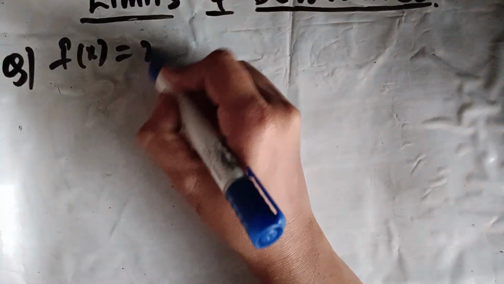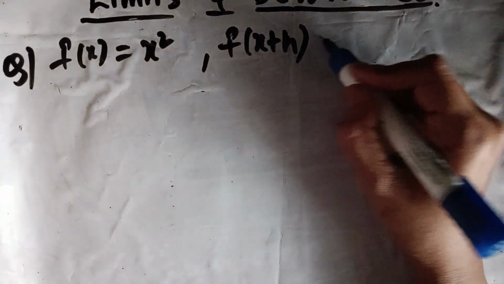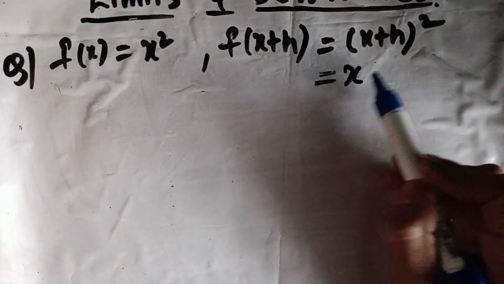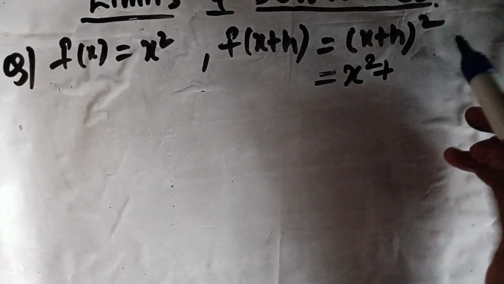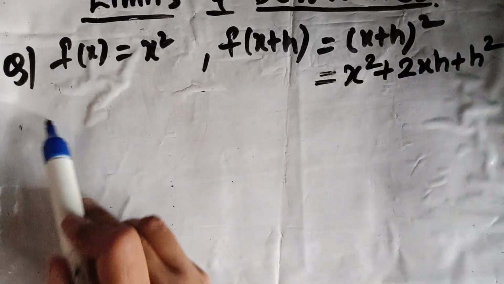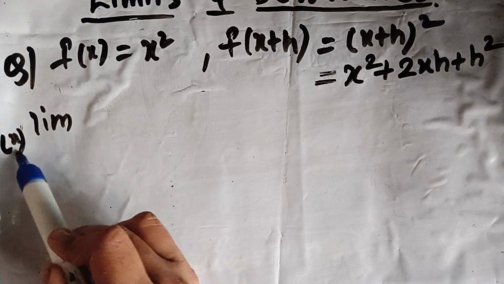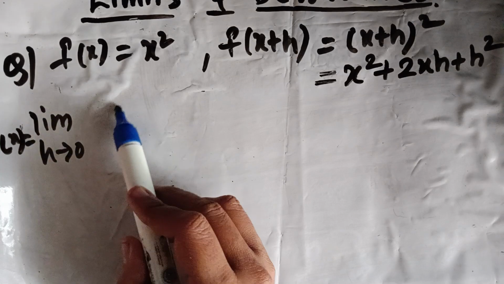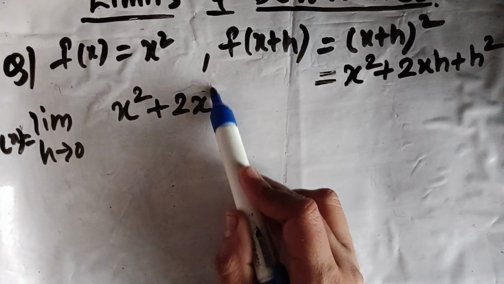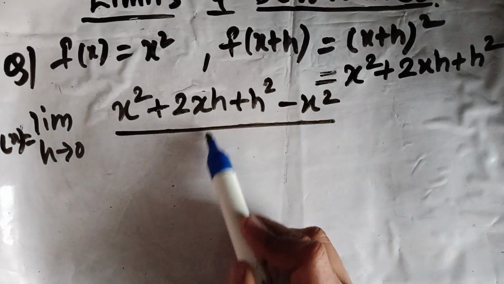So x square. So f of x plus h is x plus h the whole square. Okay. So using a plus b the whole square formula, f dash of x equal to limit as h tends to 0 f of x plus h, I'll directly write it here, minus f of x upon h.